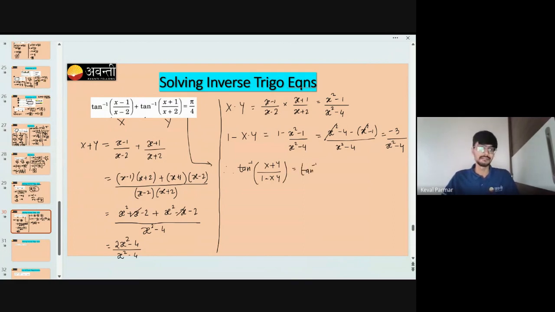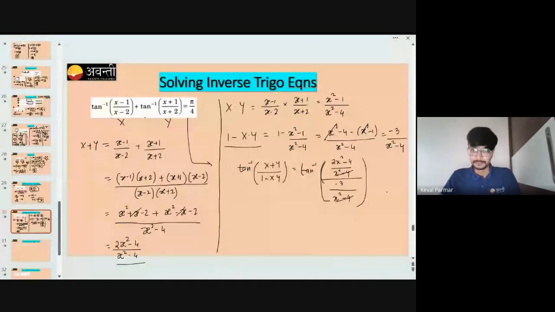It was this one, which is 2x square minus 4 upon x square minus 4, upon, what is the value of 1 minus xy? It is minus 3 upon x square minus 4. So as you can see, x square minus 4, x square minus 4 will be cancelled.